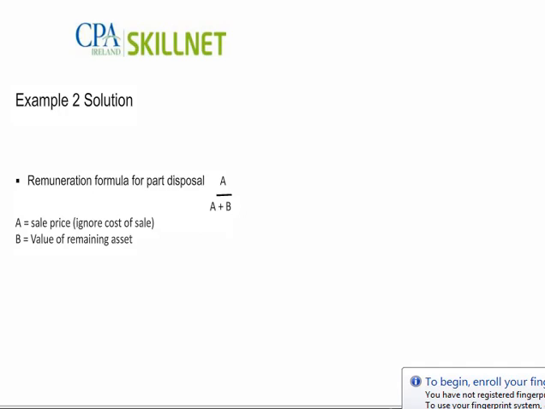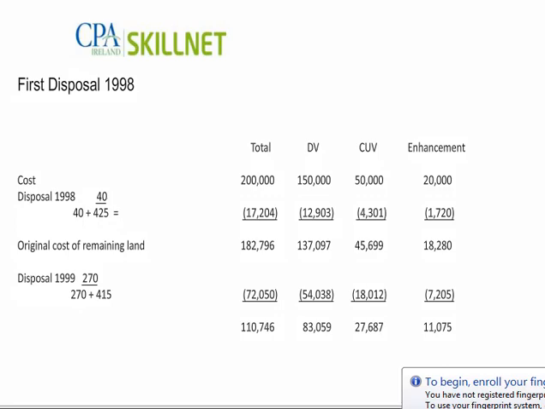Now, the formula for part disposal is A over A plus B. A equals sale price. You ignore cost of sales. B is value of remaining asset. So let's have a look at this in an example.